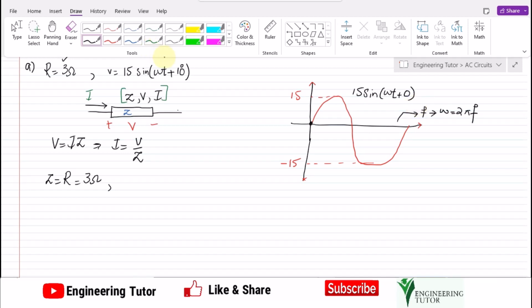In order to find this waveform, which is 10 degrees from it, we have to plot it here. I can very easily see that if this is the 90 degree and this is the 45 degree, then 10 degrees will be somewhere here. Now this waveform is starting from 10 degrees, and that is the phase shift or phase angle it has.